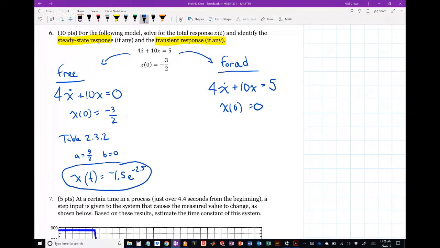Our forced response we can solve using table 2.3.1.